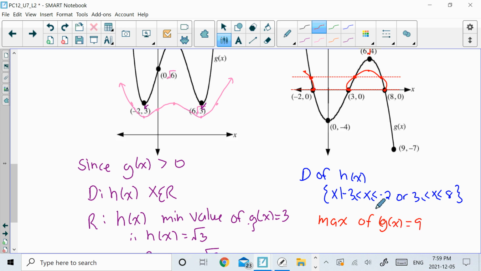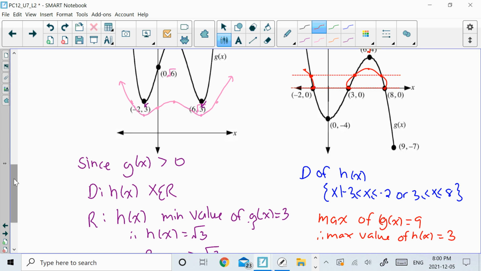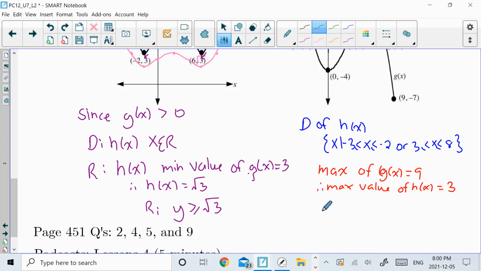What that means is the max value of h of x is going to be the square root of 9, which is 3. So this point here is going to be the max value of h of x. And my range would be the biggest y value is 3, and the smallest is going to be 0. So the range of h of x is going to be y is less than or equal to 3 and greater than or equal to 0. That will be your range.